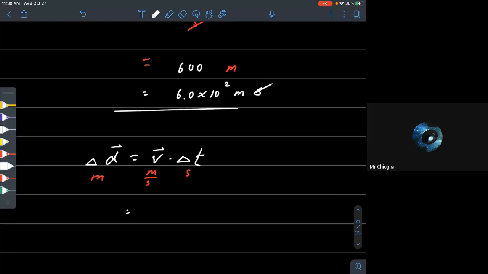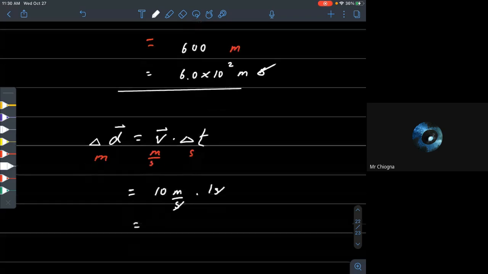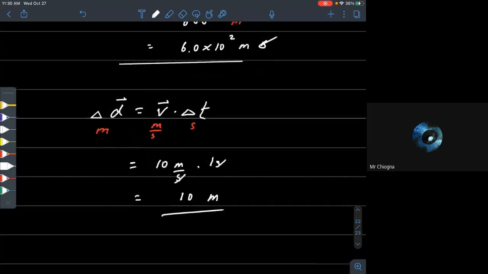So 1 second, okay, I'll include the unit one more time. Seconds cancels out. 10 meters. That's enough. You don't have to put it in scientific notation. It's less than 100. Okay, millisecond.